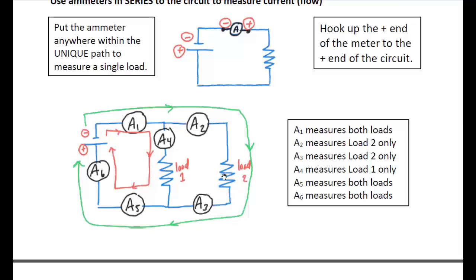So A2 and A3 will only measure the current that's flowing through load 2. A4 is also in this unique pathway that is not shared by load 2. So A4 is where you want to place it if you only want to measure load 1. You could also do it on this side of the resistor as long as it's not in the shared pathway. When you get back to A5 and A6, again, this is a shared pathway for both load 1 and load 2, so it will measure both loads.